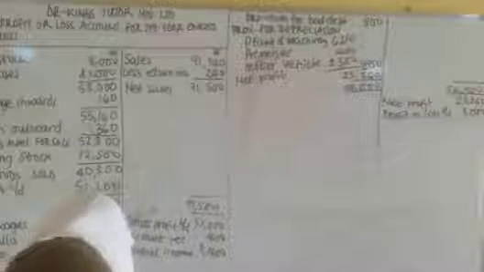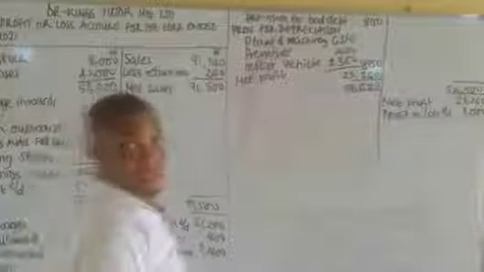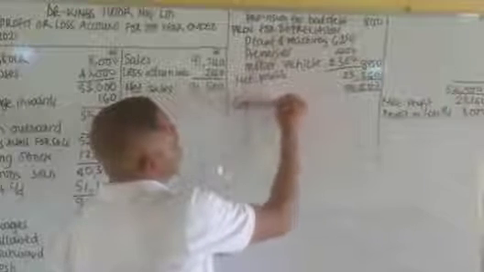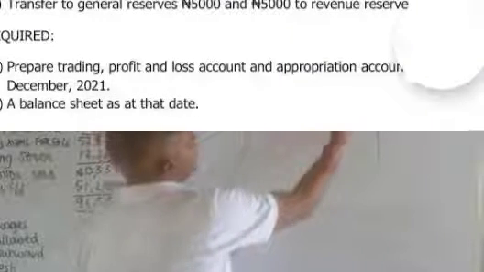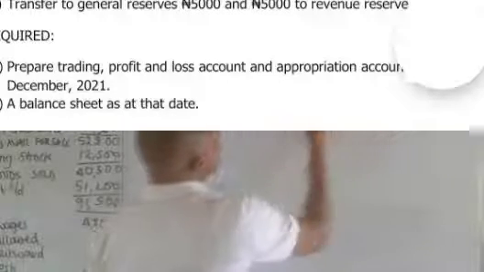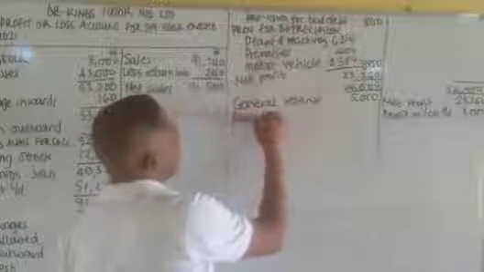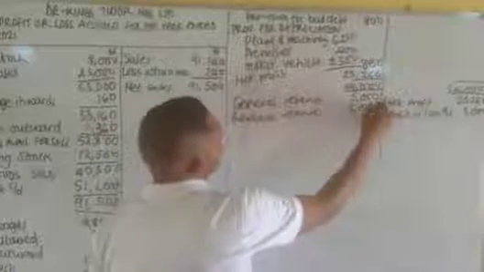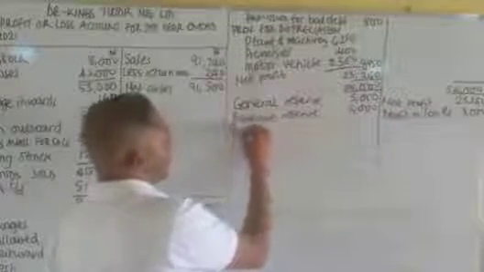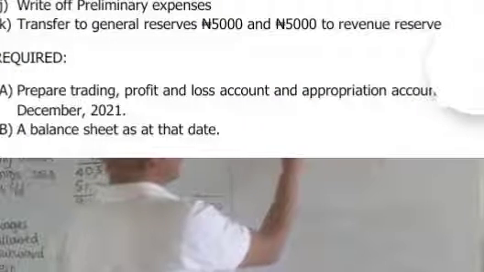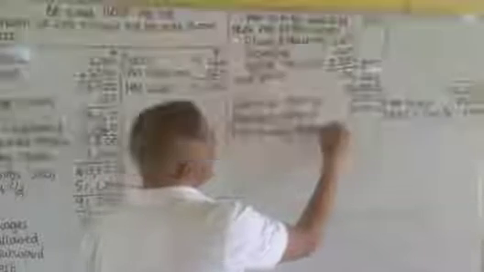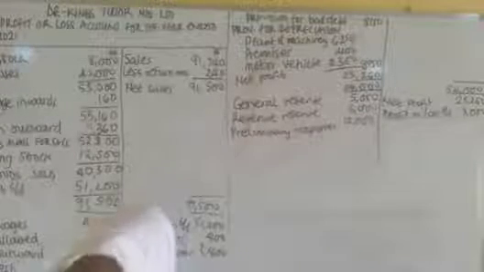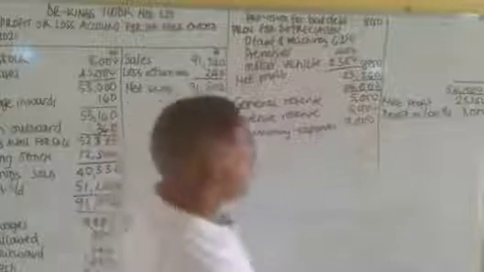Now we are going to see the items that will come here. Remember, they said transfer to general reserve, so we're transferring to general reserve 5,000. Also, they say transfer to revenue reserve 5,000. Then remember our preliminary expenses. They say write off preliminary expenses, which is 12,000.